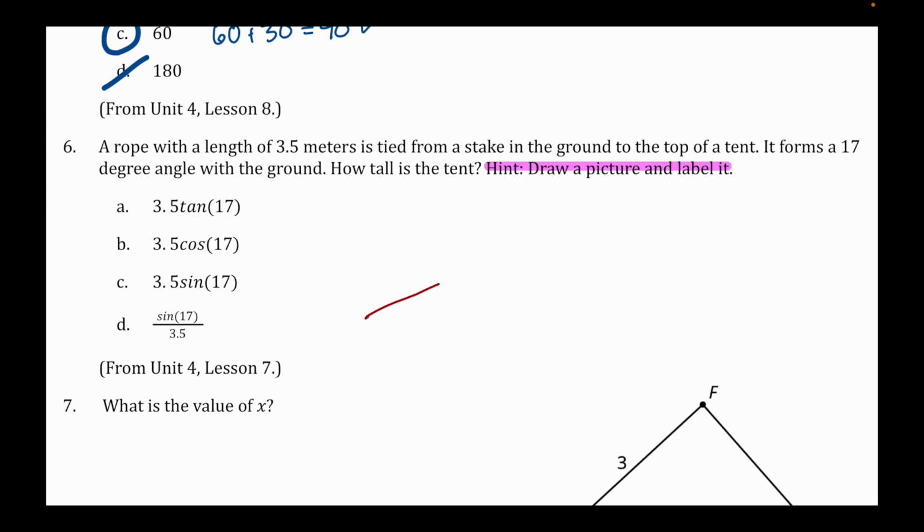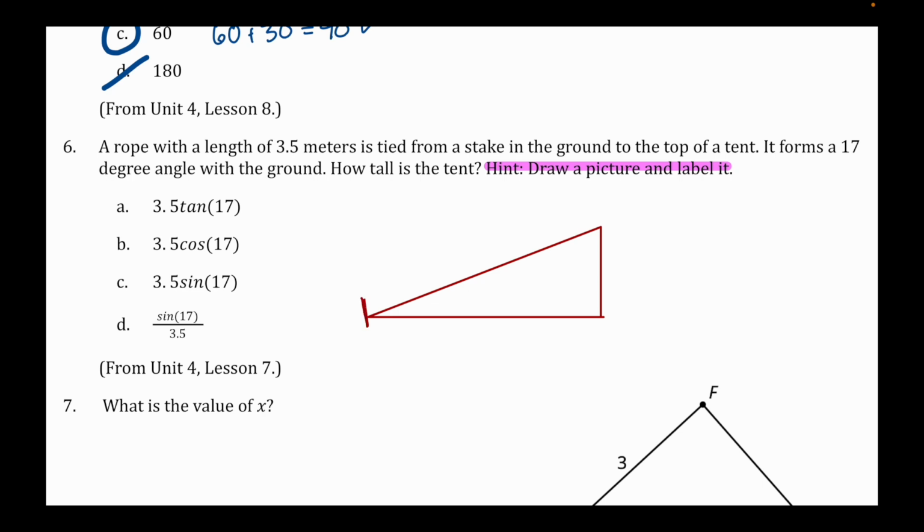So I can make a flat line like this and draw a line straight down like that. I'm going to erase some of my ends here. There we go. Cool. This is going to be my rope of 3.5 meters.